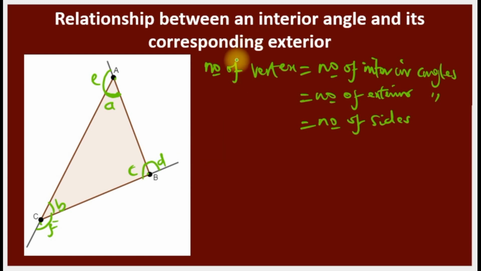So there is a relationship connected. As you can see, this is a straight line. What do you notice? You form a linear pair, that's angles on a straight line.